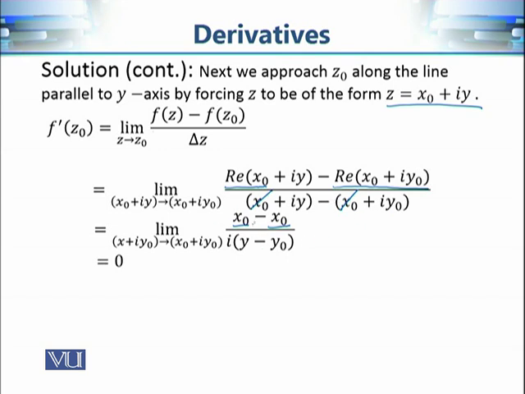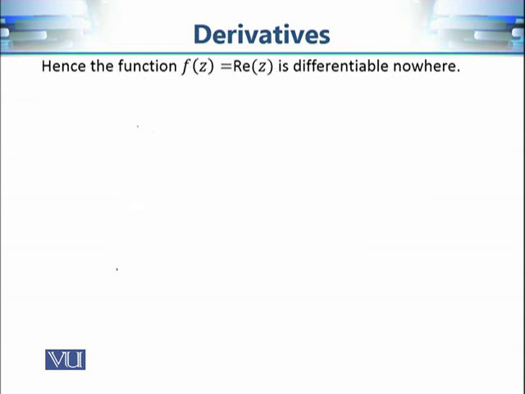In the numerator we have x0 minus x0, which is 0. The denominator is not 0, because y is approaching y0 and y is not equal to y0. So it is some non-zero number, and the value of the limit is equal to 0. So we can say that this function, the real part of z, is differentiable nowhere.